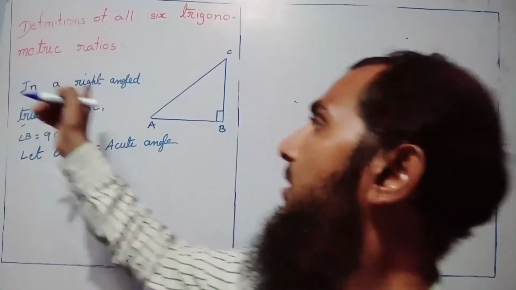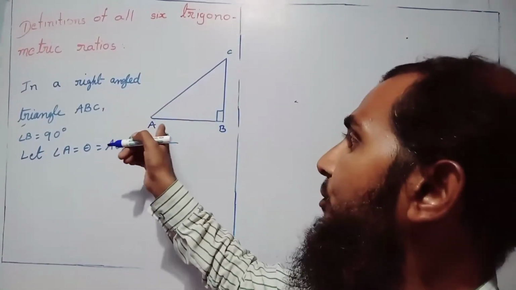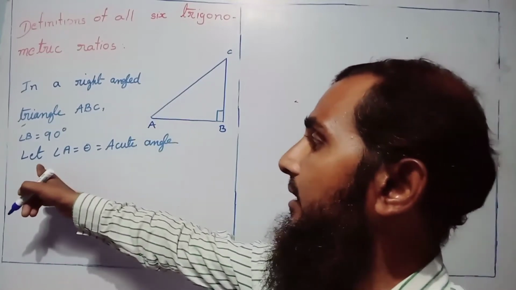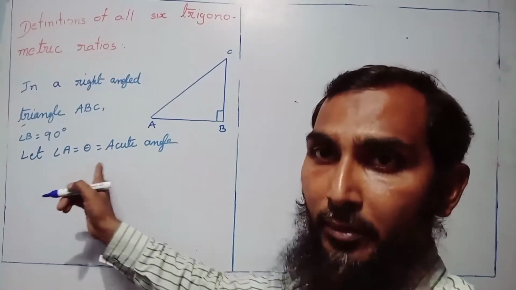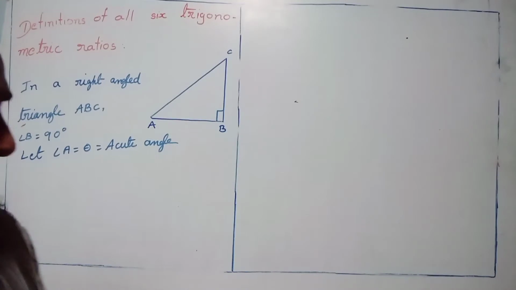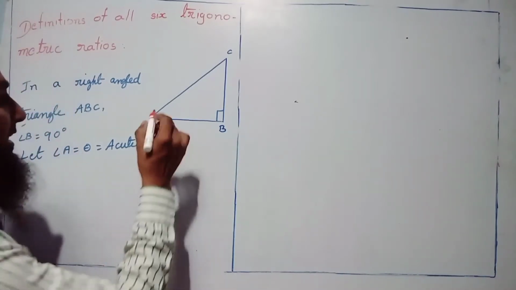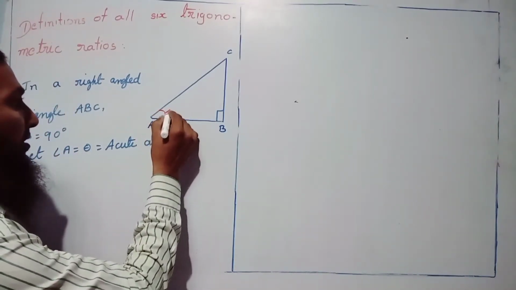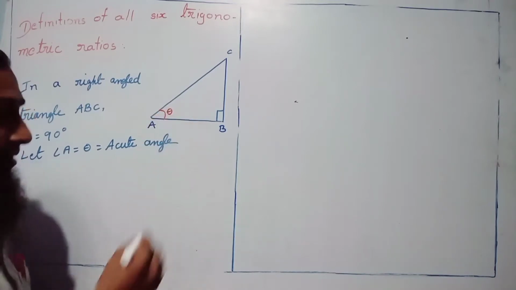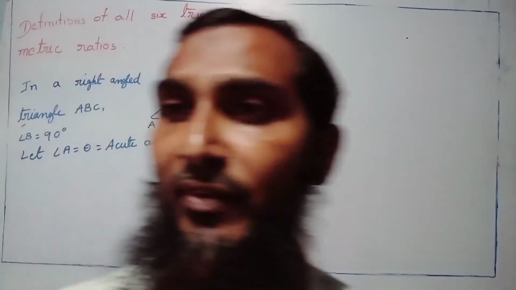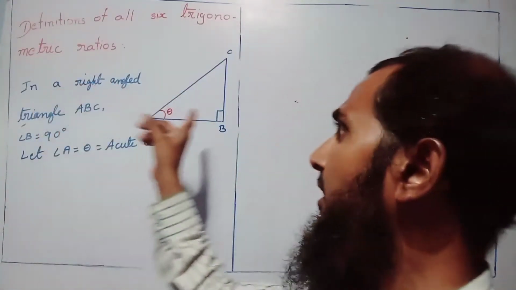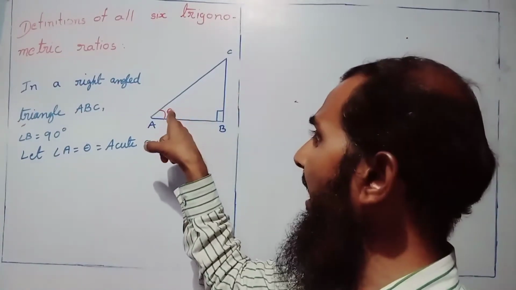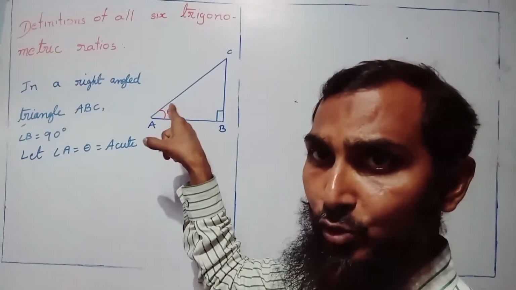So in this right angle triangle, let angle A be equal to theta. It means it's an acute angle. Now see the relation between sides and angle, with respect to theta.